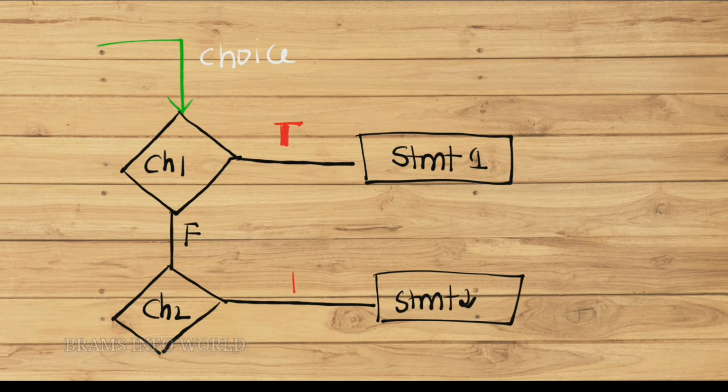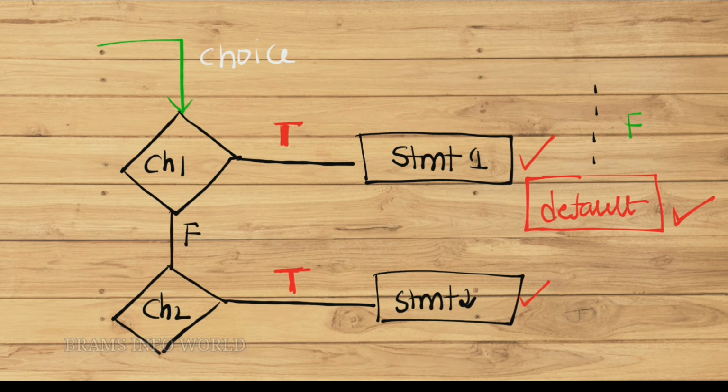If it is true, then statement 2 is executed. Like that this process continues. If all conditions are false, then there is a statement called the default statement, and the default statement will be executed. So if all choices are wrong, then the default statement will be executed.